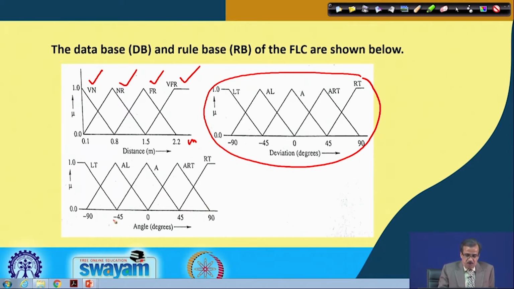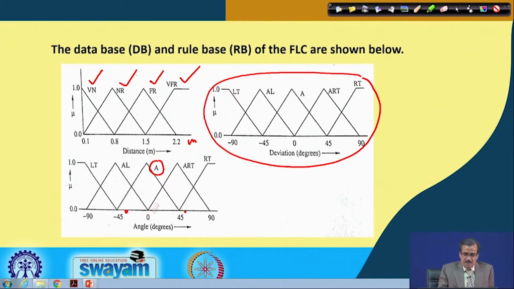So, minus 45 to plus 45, that means if I consider my left hand side as negative and my right hand side as positive, that is also possible. So, this A stands for ahead, the angle is ahead.